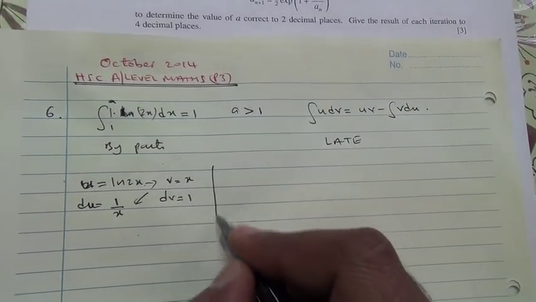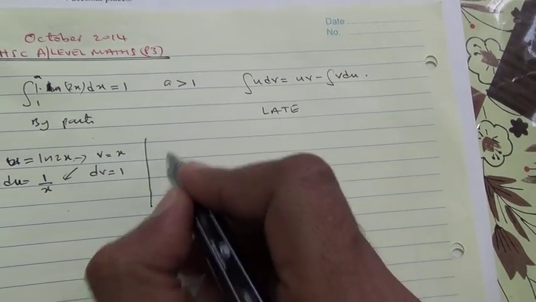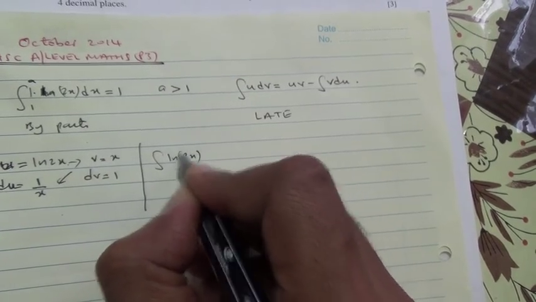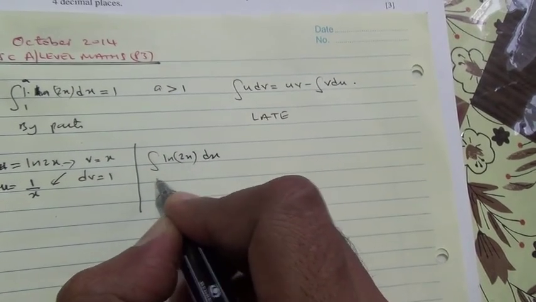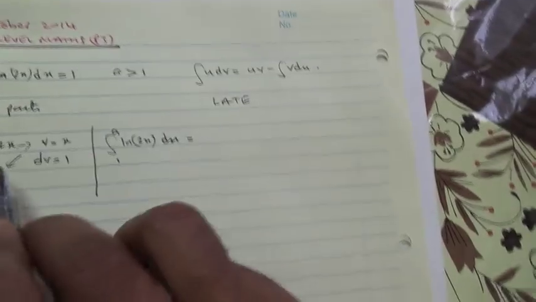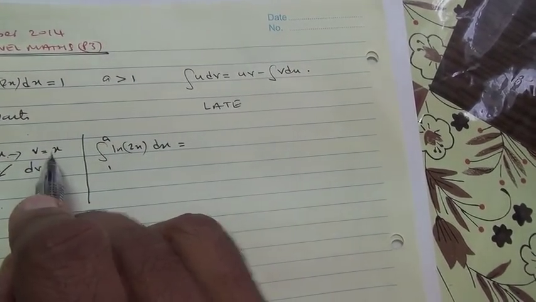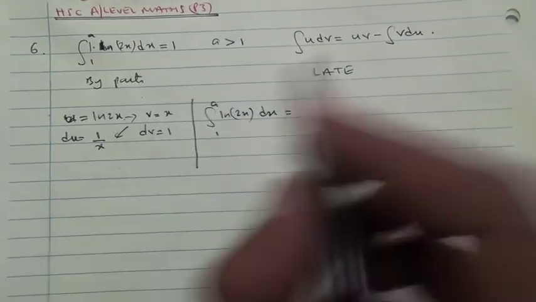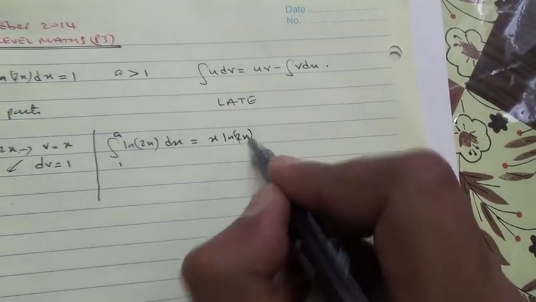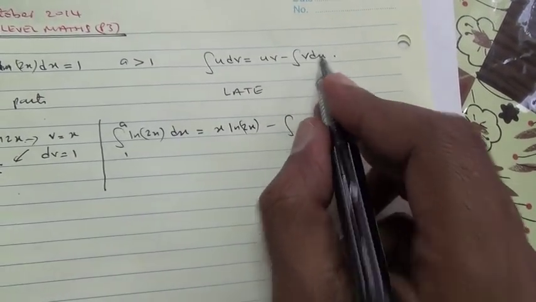So just replace that in the formula. What do we have then? The integration of ln 2x dx with limits 1 to a is going to be uv. This is u, which is ln 2x, times v, which is x. Therefore x times ln 2x, minus the integral of v du.